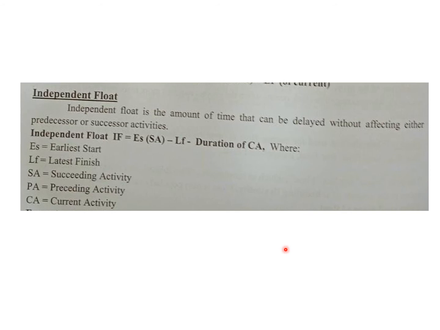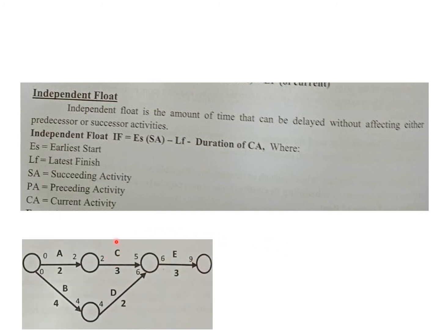Now we talk about independent float. Independent float is the amount of float which is available for a given activity. Let us say you have an activity C over here. What is the amount of float which C has without affecting its predecessor activity, which is A, or its successor activity, which is E?